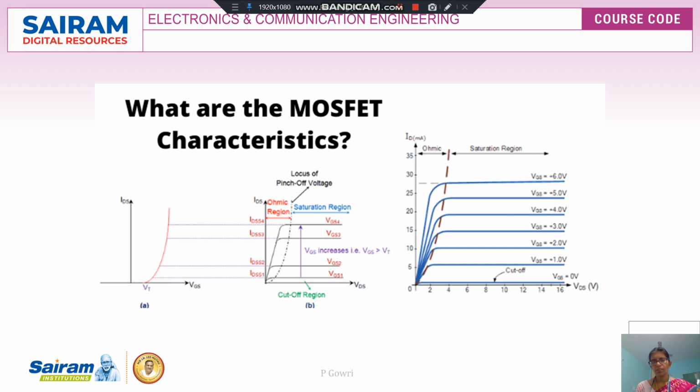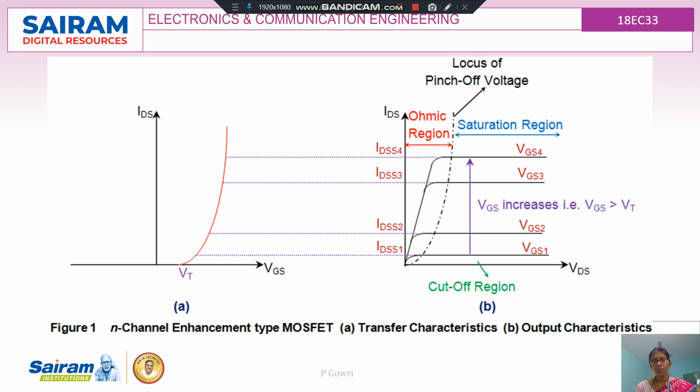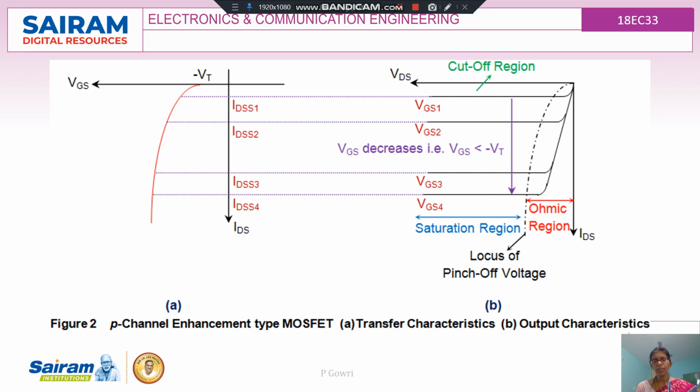For the N channel enhancement type MOSFET, it will be on the positive side, because a positive VGS results in the channel formation, and hence VDS also will be positive for the N channel. Similarly, for a P channel enhancement type MOSFET, the channel will be formed for a negative gate voltage.